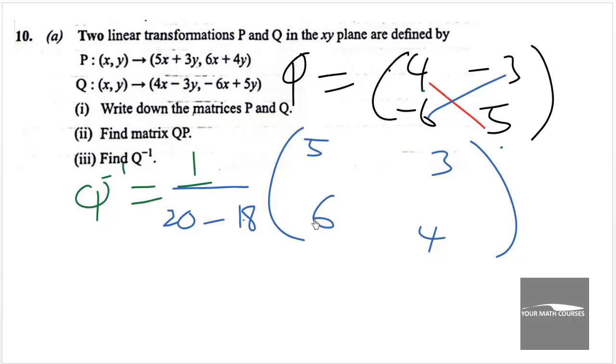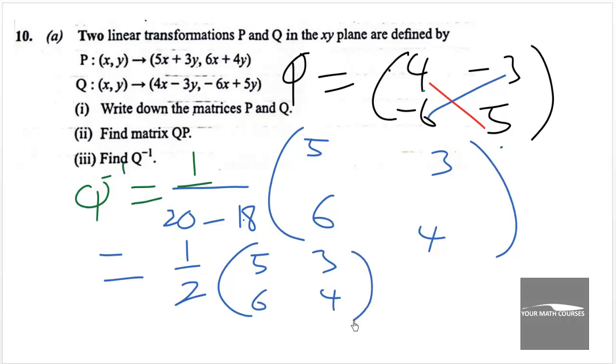So we can now simplify to get 1 over 2 times [5, 3; 6, 4]. And this will simplify to [5 over 2, 3 over 2; 3, 2], since half of 6 is 3, half of 4 is 2. So that is the Q inverse.